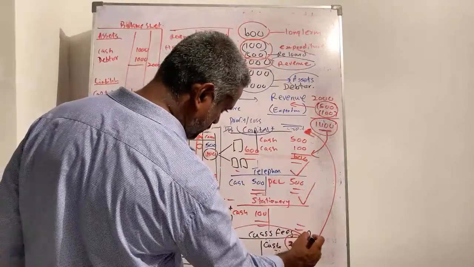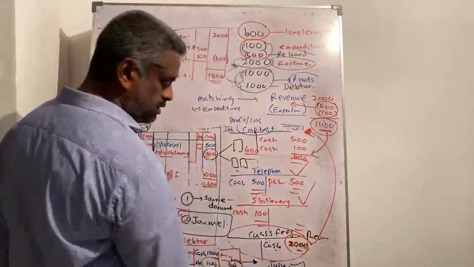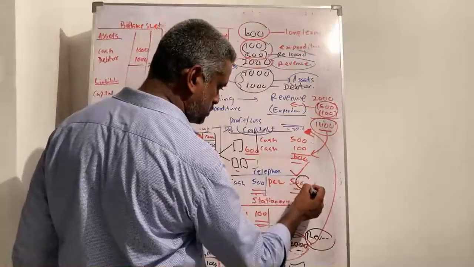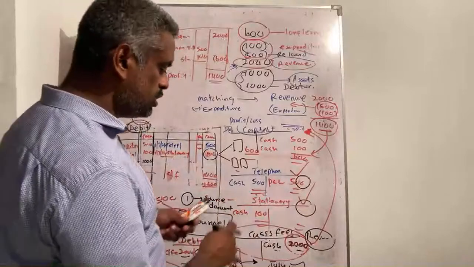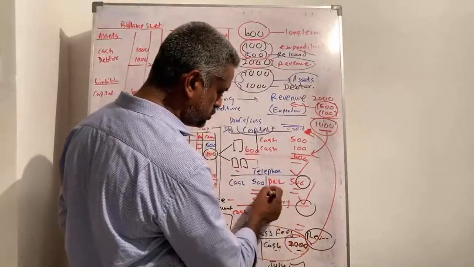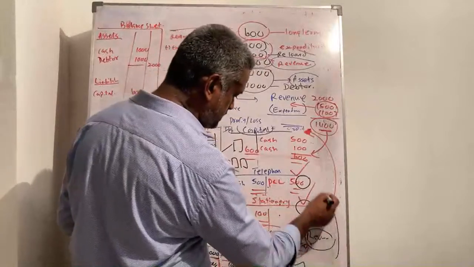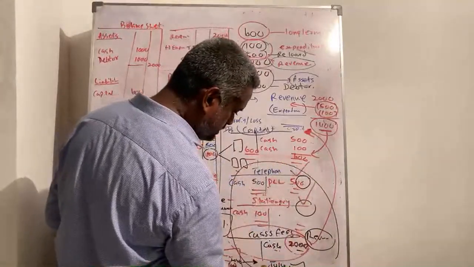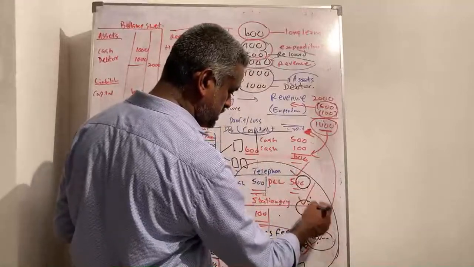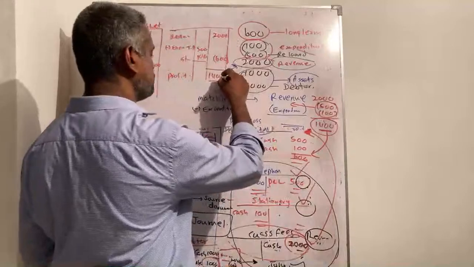This is a revenue account. This is the current period, this is also the current period. In order to generate that class fees, you incurred these two expenses. All these three, revenue and expenditure, net is 1400.